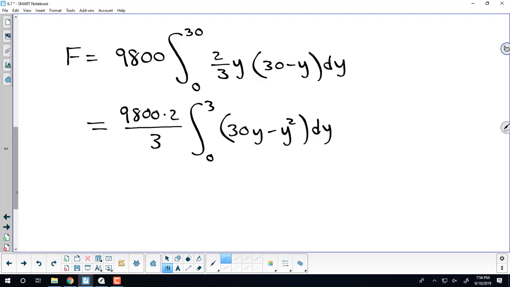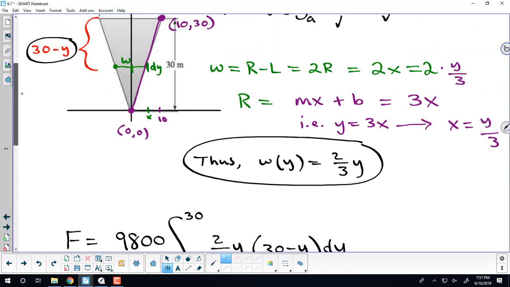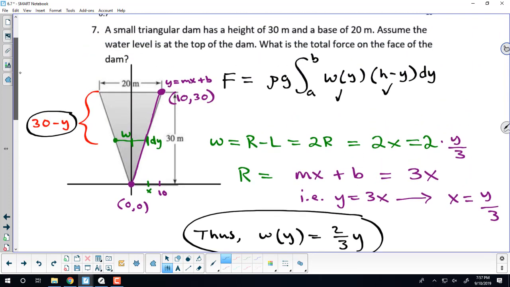What are our units here? Yeah, newtons, it's a force.